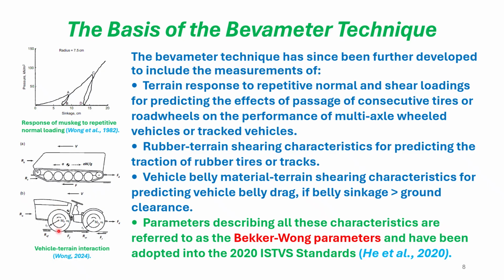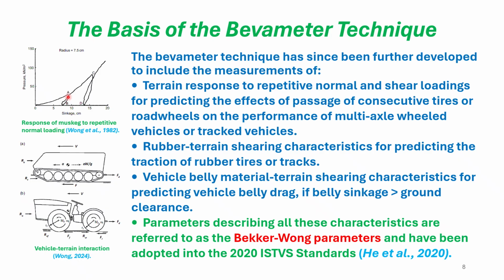For example, if we consider an element of the terrain on the surface under a two-axle wheel vehicle, then this element of the terrain is first subject to the loading of the front tire, and the pressure sinkage relationship will follow this loading line.